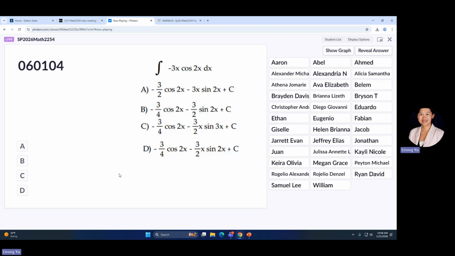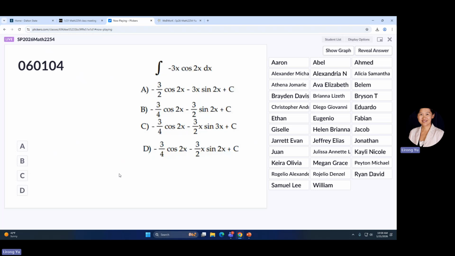So I would recommend making negative 3x equal to u, and the cosine 2x dx is the dv. So identify what equals u and what equals dv. Then you go ahead, and the u is the one you have to find the derivative or differential. And the dv is the one you have to integrate.